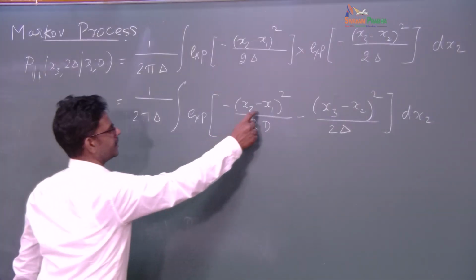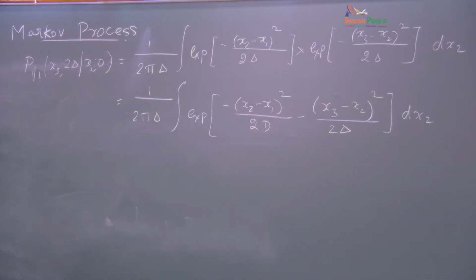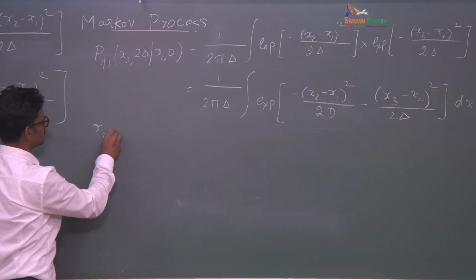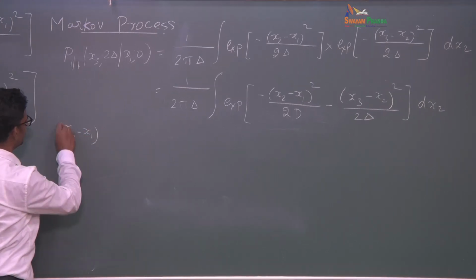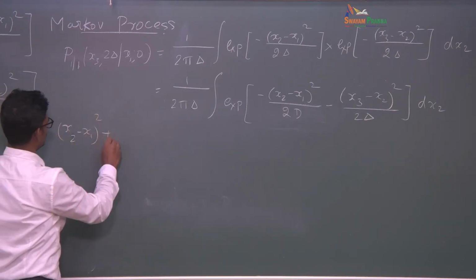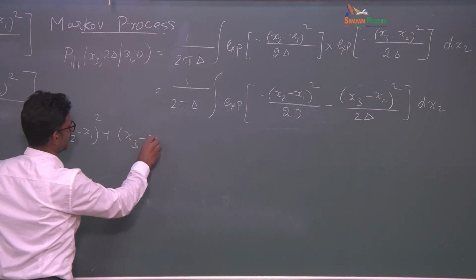So now let's expand these terms. We have x3 minus x1... x2 minus x1 whole squared plus x3 minus x2 whole squared.